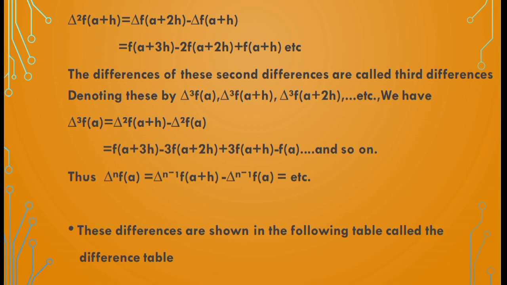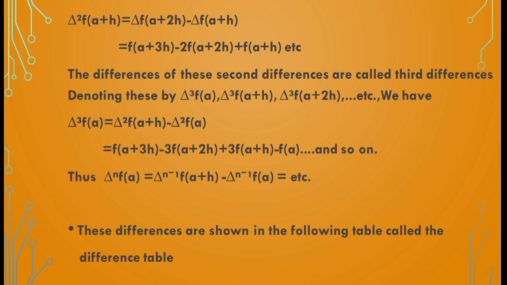Delta square f of a plus h is equal to delta f of a plus 2h minus delta f of a plus h, which is equal to f of a plus 3h minus 2f of a plus 2h plus f of a plus h, etc. The differences of these second differences are called third differences.